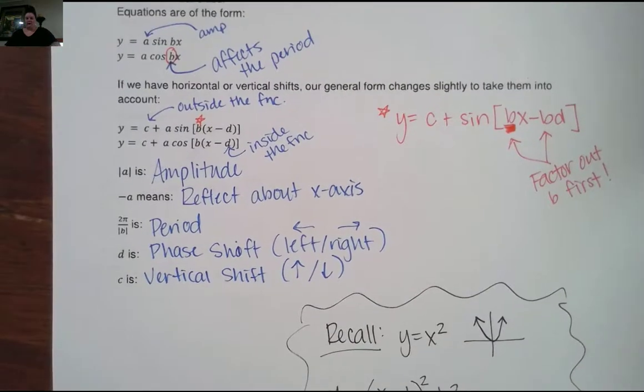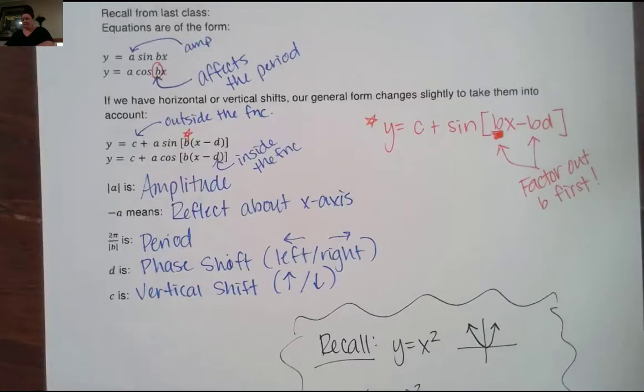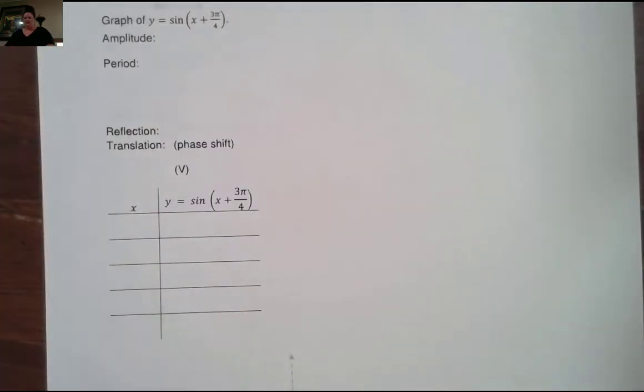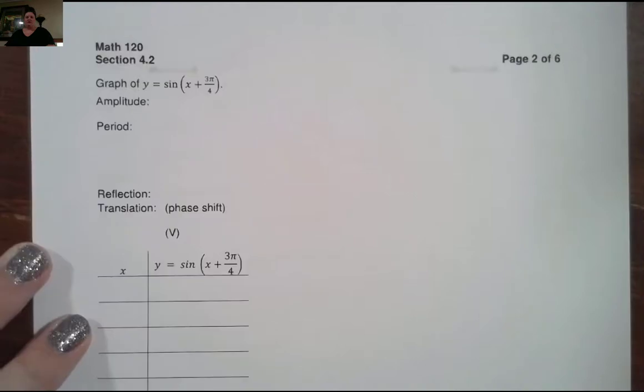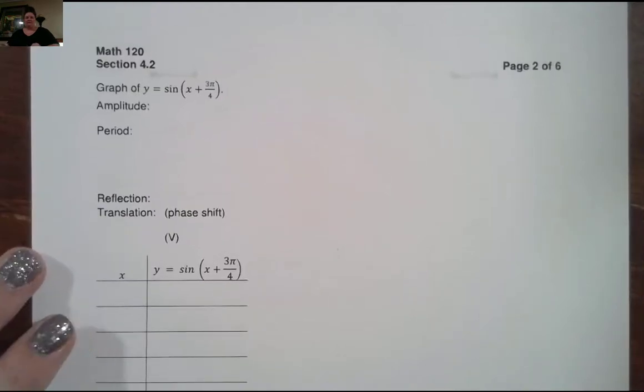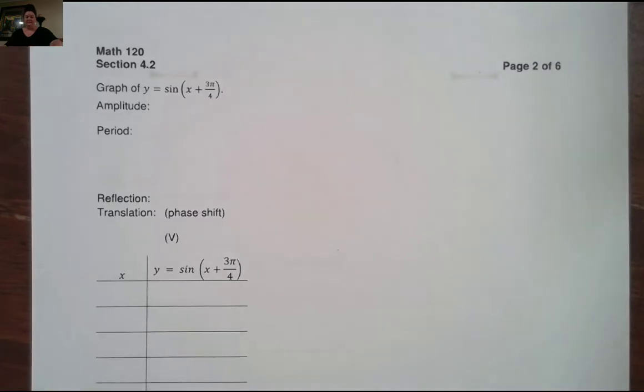All right, so let's go ahead and work on doing some examples, to see if we remember what we learned from 4.1. Here on page 2, the first thing I notice is that the sine function has stuff inside of it, something other than just an x, which means we're going to have to find the interval.